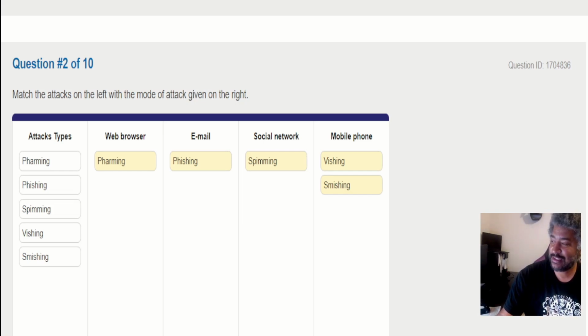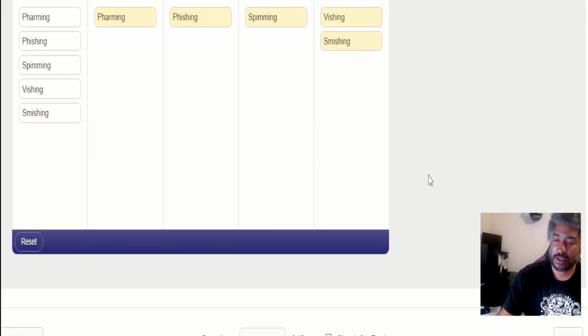Smishing is a type of cyber attack that uses text messages or messaging apps to trick people into sharing personal information or clicking on malicious links. So this is kind of similar to spamming, just instead of using social media as your attack vector, you're using your mobile phone. So sometimes you have to take a guess at some of these things, but that's one I don't really see too often. So all right, let's go to question 3.